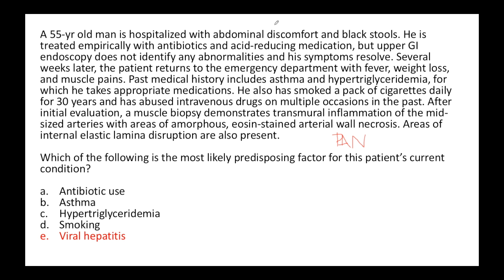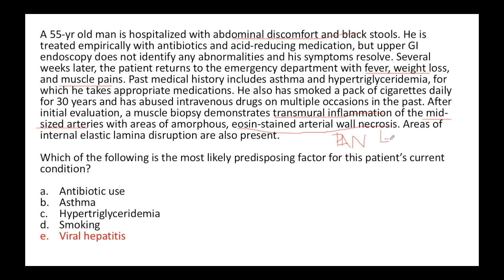So we have GI symptoms, fever, weight loss, muscle pain, systemic symptoms, and we also know that it is a medium vessel vasculitis, and it mentions that the biopsy has a transmural inflammation going on, which is also characteristic of polyarteritis nodosa, and there is eosin-stained arterial wall necrosis.